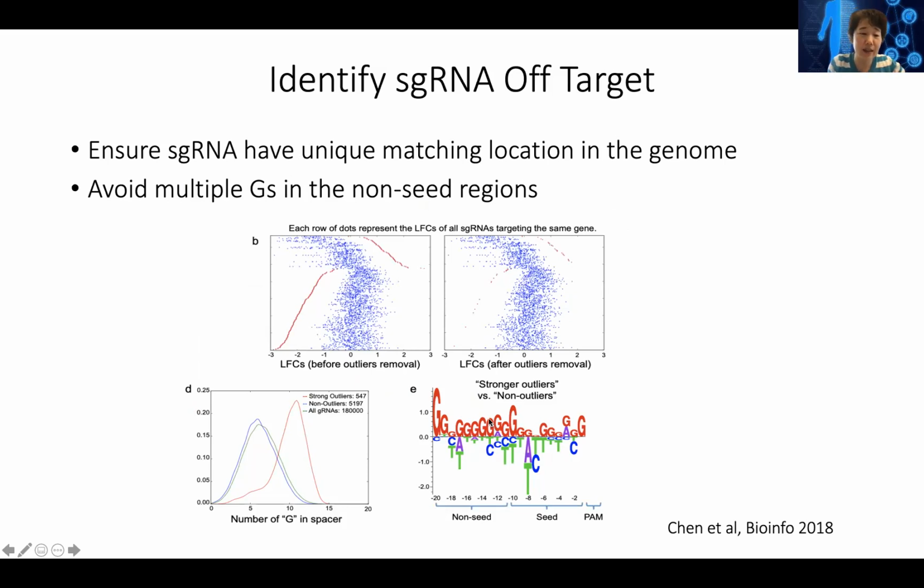Remember, there are regions in the genome that are like CpG islands, so they're very CG rich. And so what we are suspecting is that if you have a guide that has a lot of CG, in addition to going to the correct target, it probably has a little bit of binding to some CpG rich regions. Even though it can go there, when the match is not perfect, it doesn't really cut efficiently.